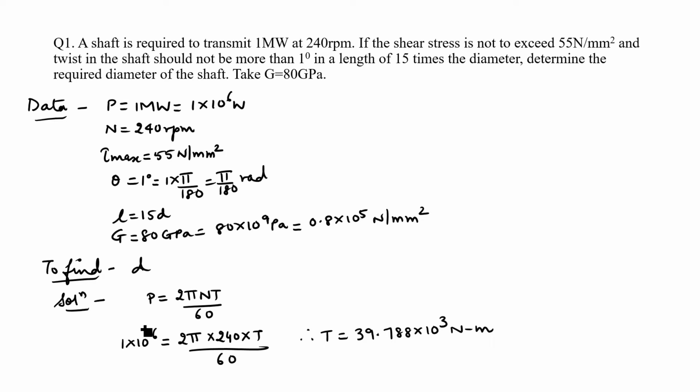Now I'm taking Newton meter because here the power is given in watts. Watt is joules per second and joule is Newton meter. So here I have written in Newton meter. I will convert this into 39.788 into 10 raised to 6 Newton mm, because the other units are also in mm here.